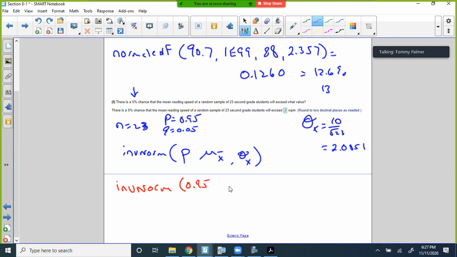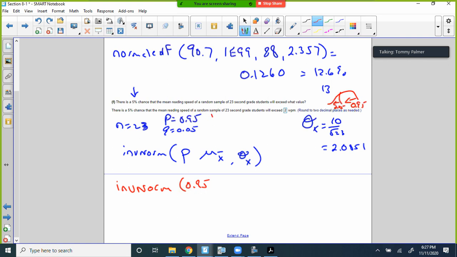Now, when it says exceed, we're looking at the area of 0.05. So we need this area over here, and that's 0.95.